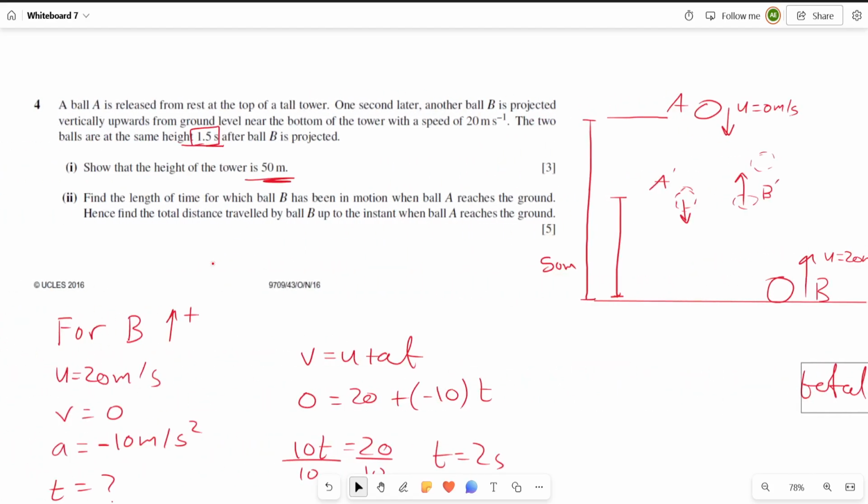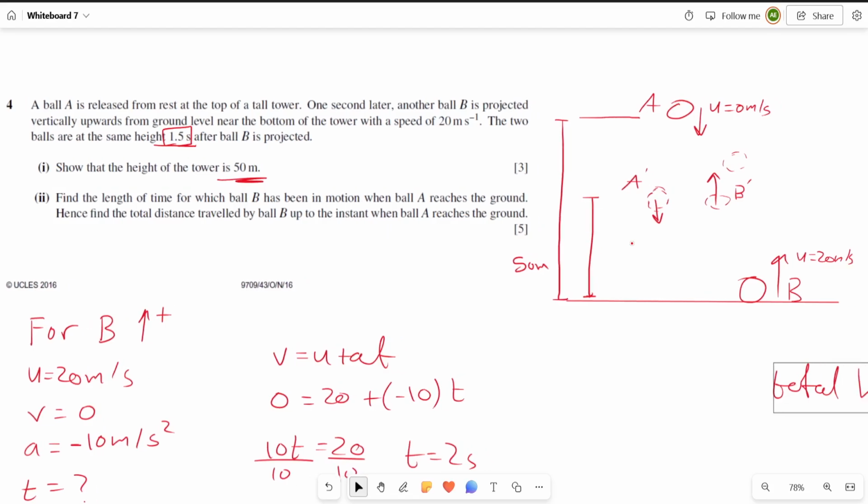Okay, now part 2 tells me to find the length of time for which ball B has been in motion when ball A reaches the ground. So now what I'll need to do is find the time where ball B is in motion until ball A reaches the ground. So let's do the scenario again.